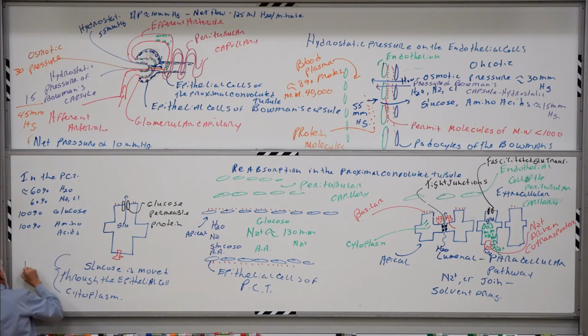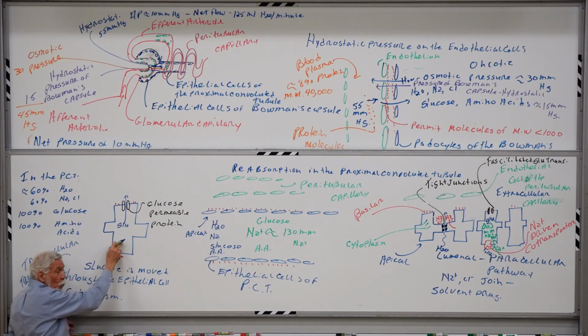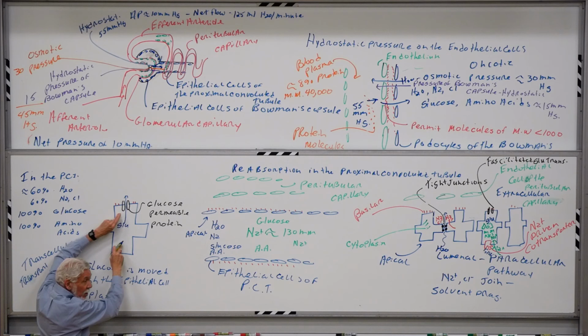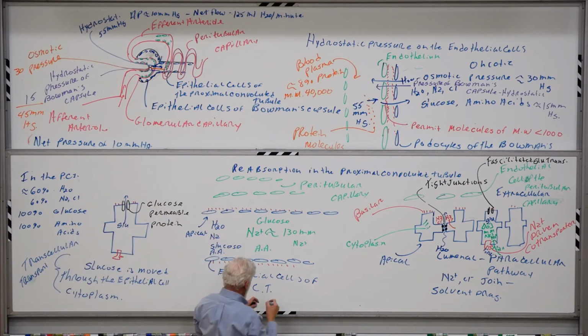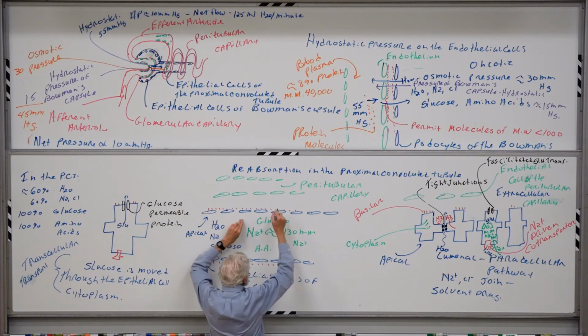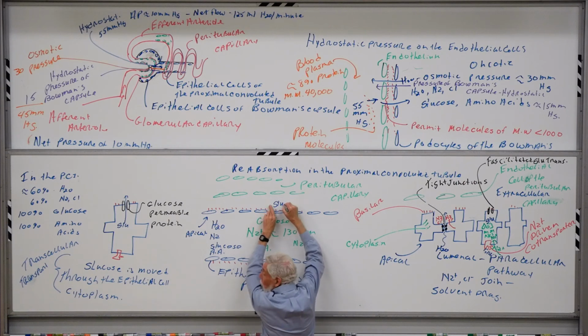This is said to be transcellular transport. So the glucose now is being actively moved in down a concentration gradient using sodium. But then, once it's inside this cell, it can now diffuse out onto the basolateral side. So that in this image, glucose is moving across the cell into the extracellular environment.